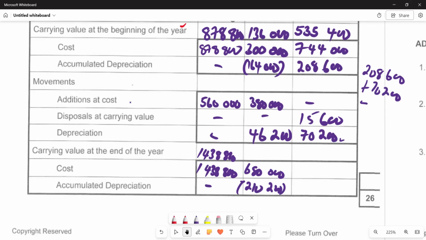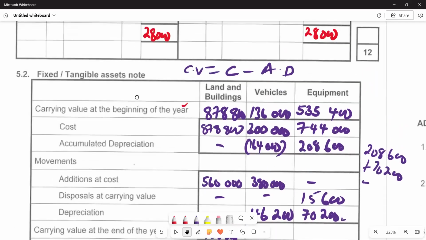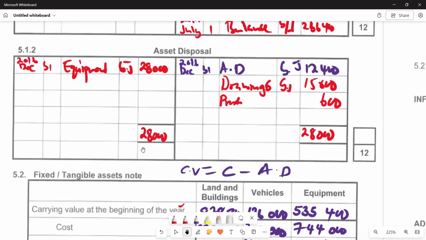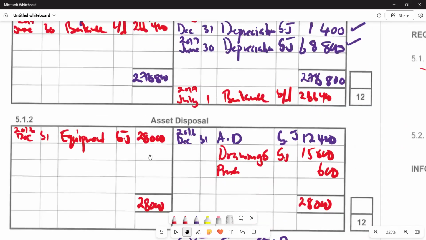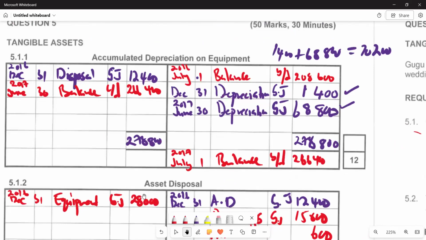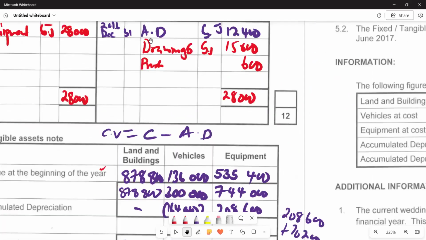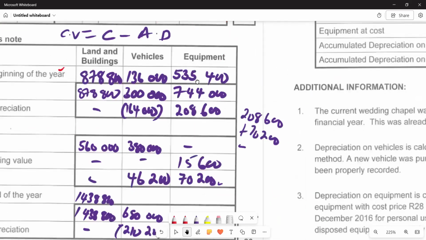Remember, we calculated the accumulated depreciation for that non-current asset that is going out in the disposal, and we got 12,400. This is the accumulated depreciation that was taken from the accumulated depreciation for equipment. So this 12,400 is representing the accumulated depreciation of the asset that's going out.